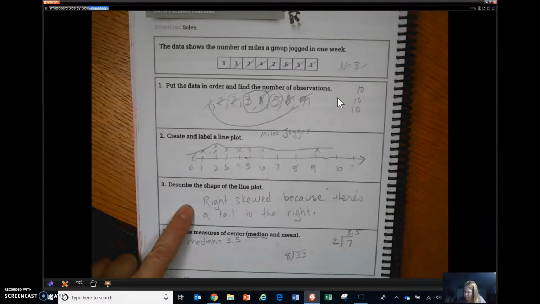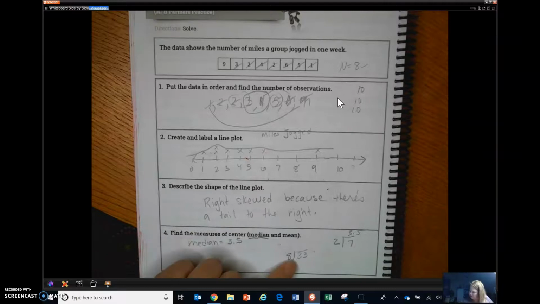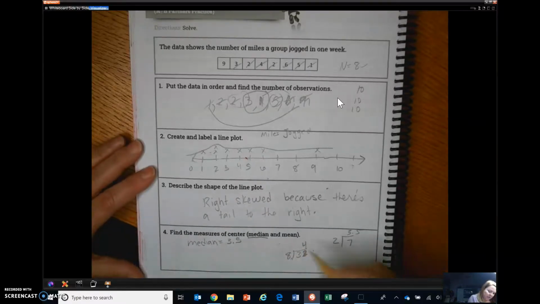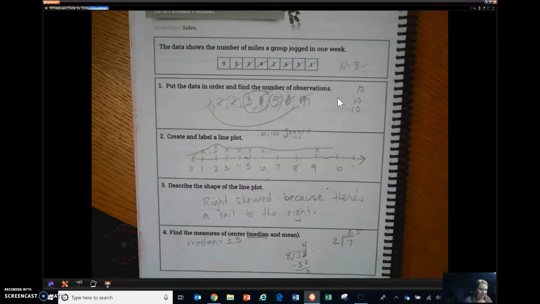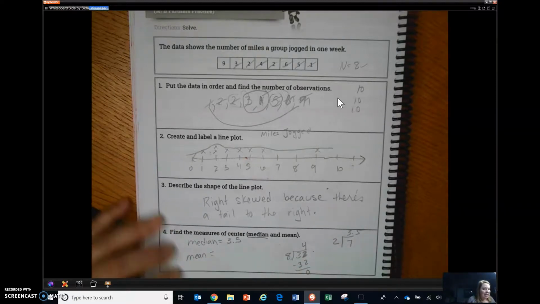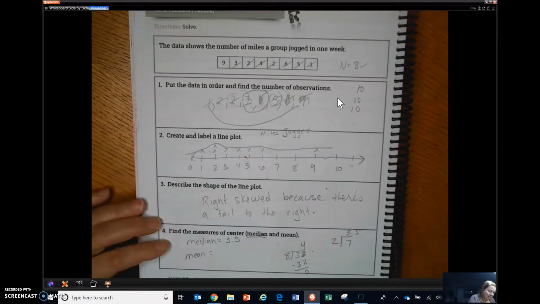Yeah, it's right skewed. I think I might have added wrong again. This should be 32. 8 times 4 is 32. You guys do the math not as fast as I'm doing it. So then the mean, which is average because math teachers aren't mean, they're above average, is 4.